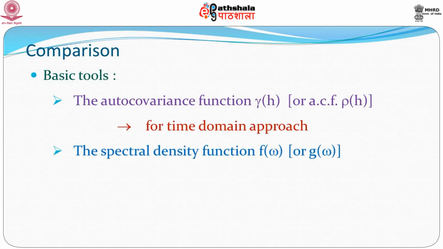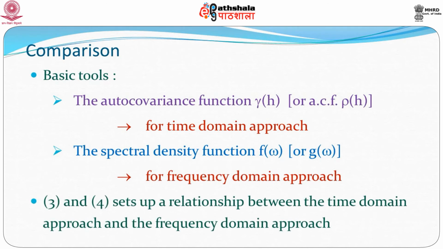On the other hand, the spectral density f(ω) or g(ω), either one of these two, is the basic tool for the frequency domain approach. And what we saw from equations 3 and 4 is that there is a relationship between the time domain approach and the frequency domain approach. So, 3 gives us γ in terms of f and 4 gives us f in terms of γ. So, we can go from one to the other very easily.